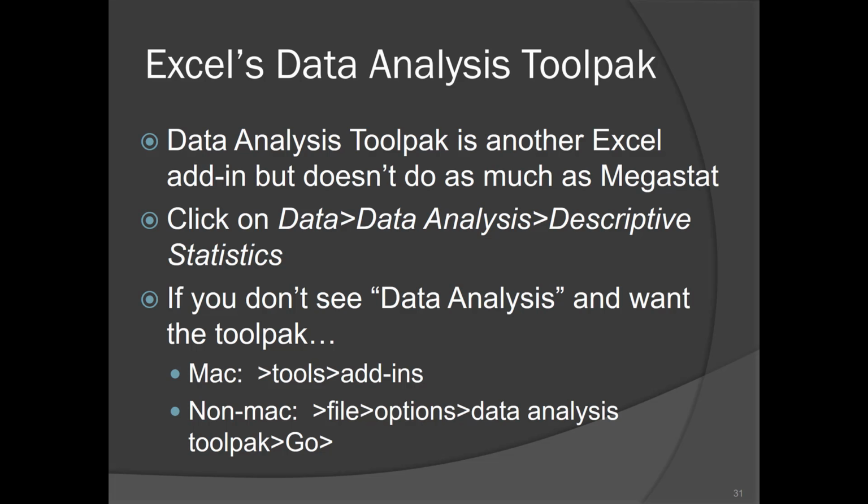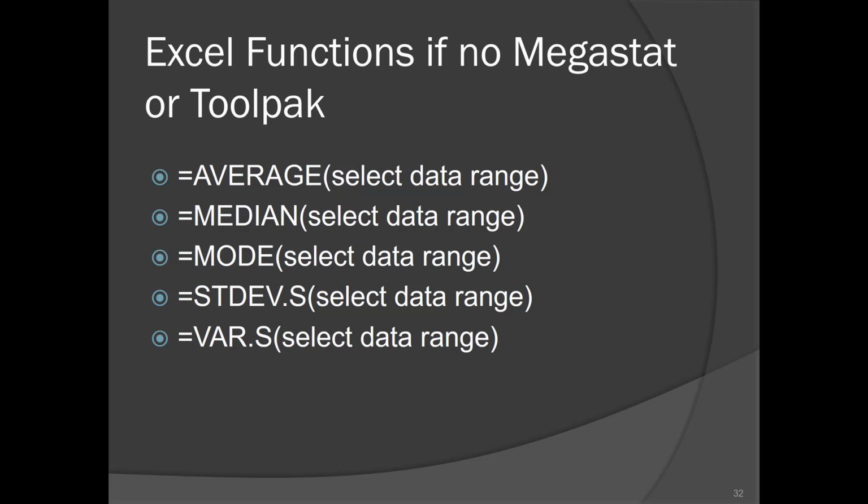Okay, so again, at the end of each slide deck is some Excel functions and tools. Here's where you would go in Excel's Data Analysis ToolPak. It's another Excel add-in, so you can add that in under options. If you have a Mac, it's just under tools and add-ins. And then some of the Excel functions, if you didn't have MegaStat or ToolPak at this point, you could still use these functions.